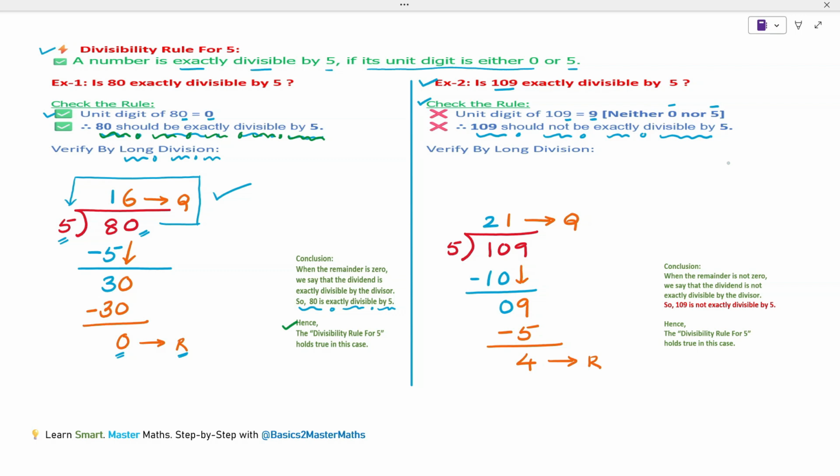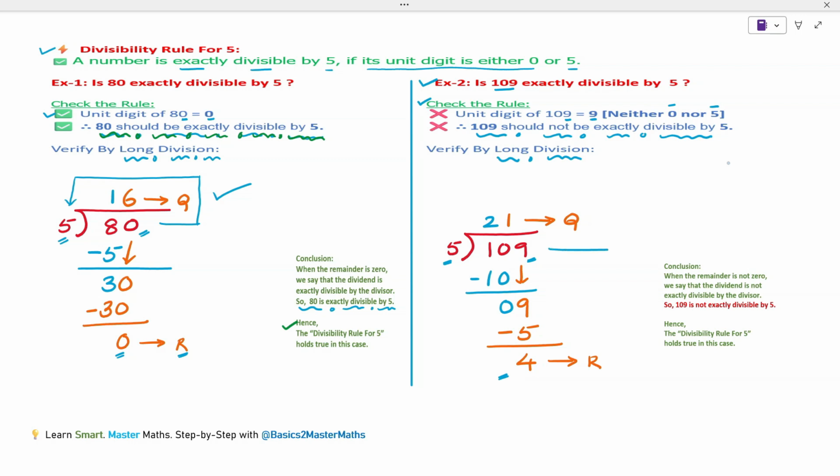Now, let us verify the correctness of the rule using long division. When we divide 109 by 5, we get 4 as the remainder.